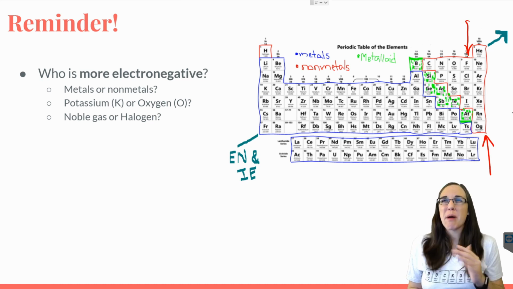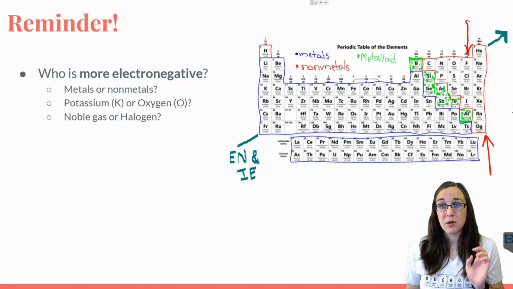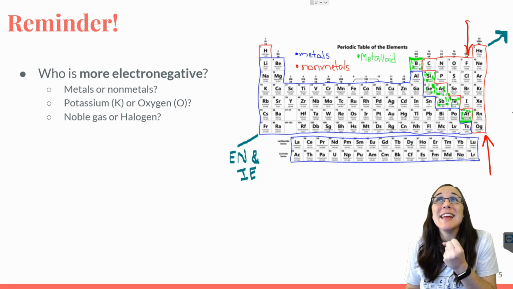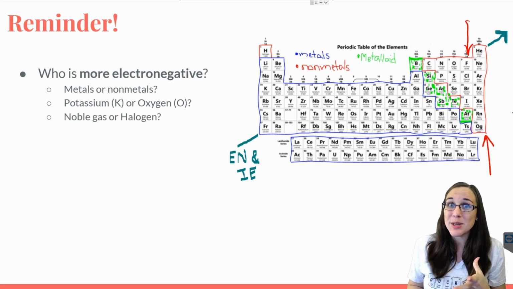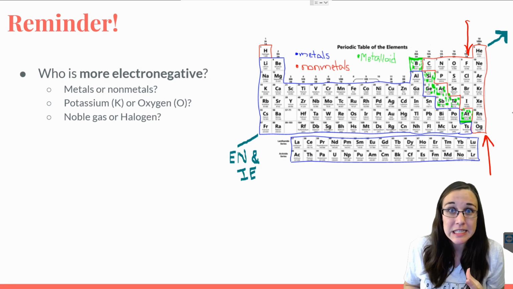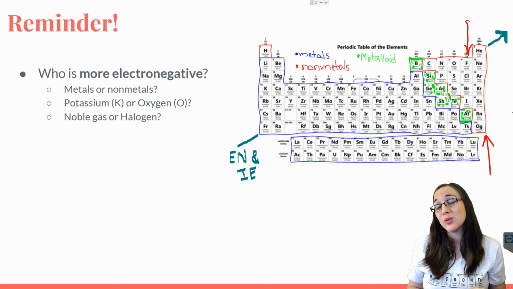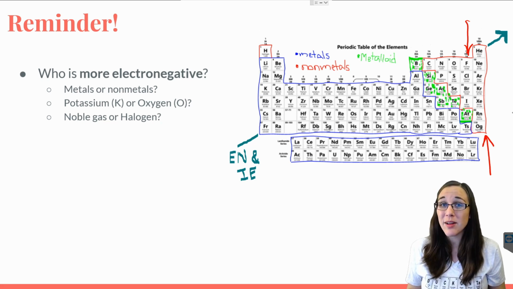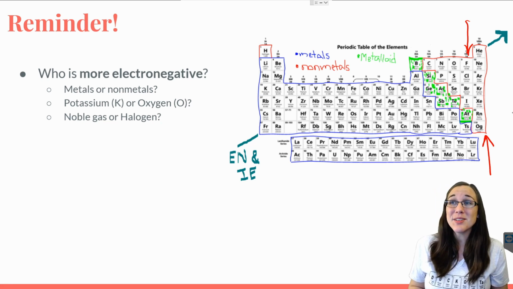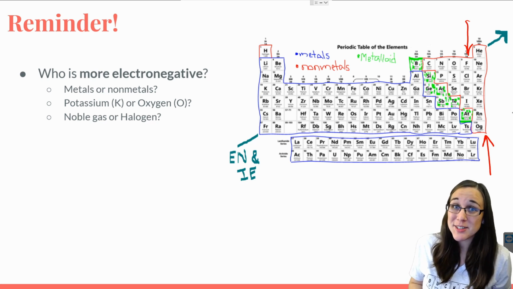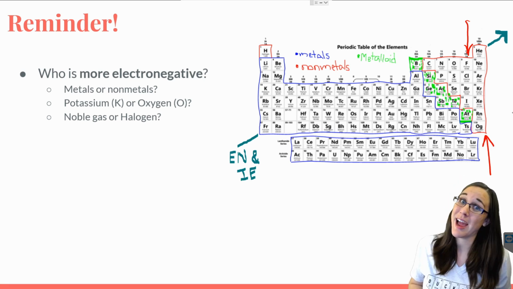They don't bother mingling with the common folk, whereas the halogens are only one electron away from obtaining nobility, and they want to be noble more than anything else. They're desperate for it. So, between those two, the halogens are definitely more electronegative because they're going to attract electrons desperately, whereas noble gases couldn't give a rat's patootie whether or not they got more electrons from another atom or not. They don't want to react with anybody else.